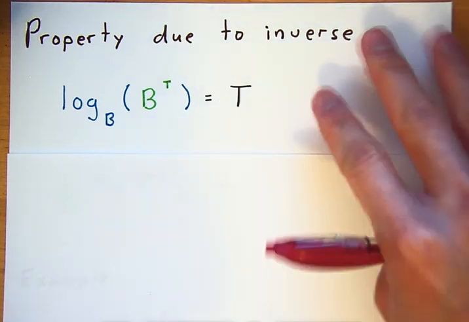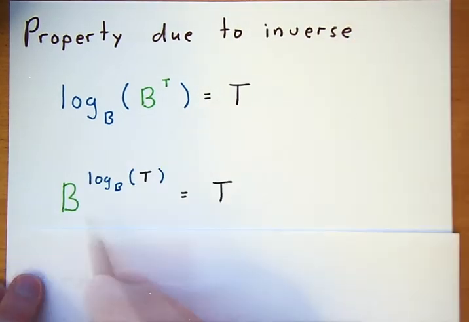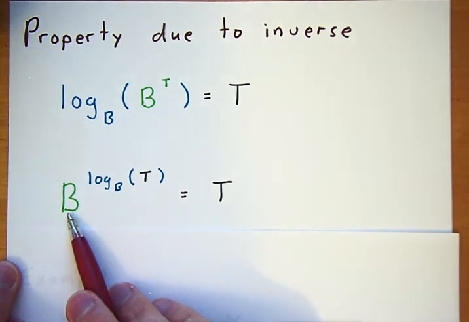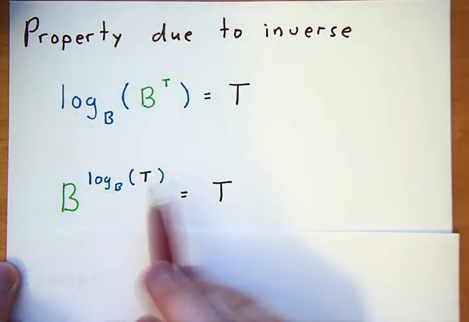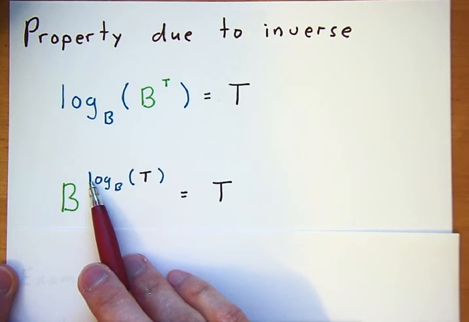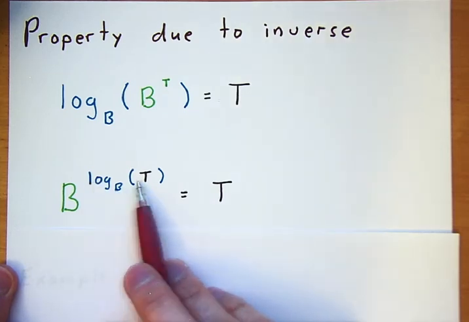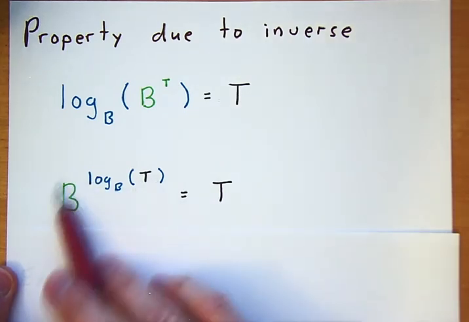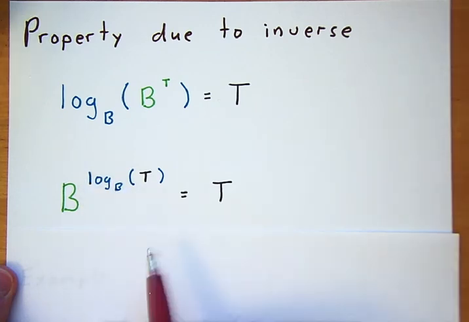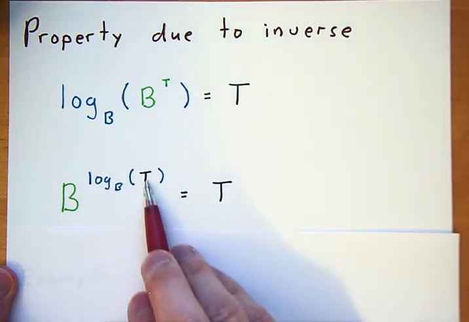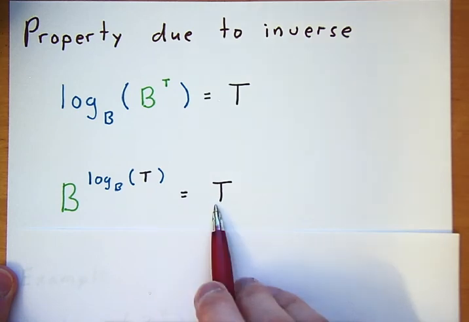And it works in reverse as well. Here you have the exponential b to the, and you have the logarithm log base b of, and this exponential and the log will cancel each other out, or they'll undo each other, and all you'll have left is your t.